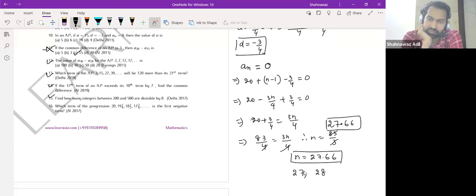The 28th will be the answer, because the 27th will give you a number more than 0. Yes, absolutely correct. Whenever we cross the 27th term, we would get a negative term. The term after the 27th term is the 28th term, so this is the answer. Understood?